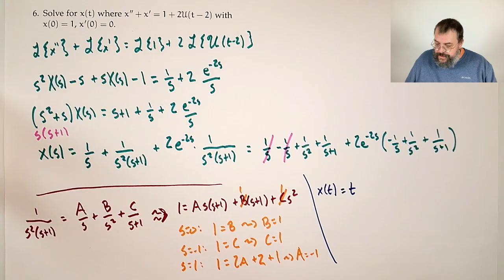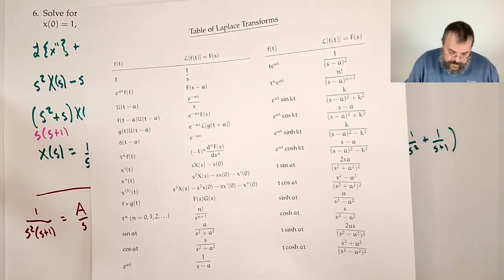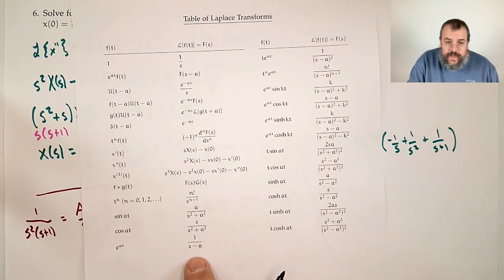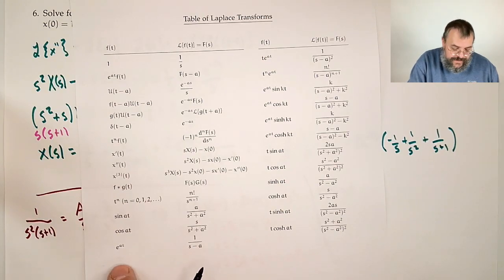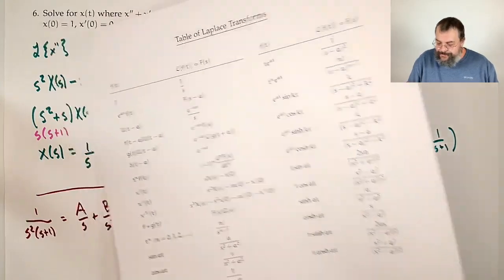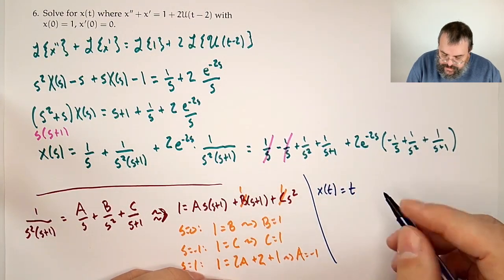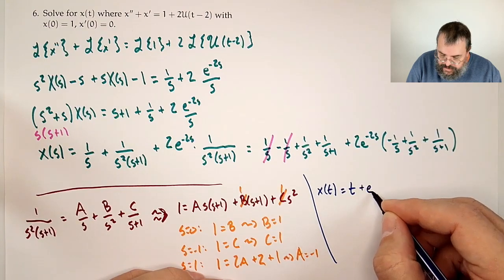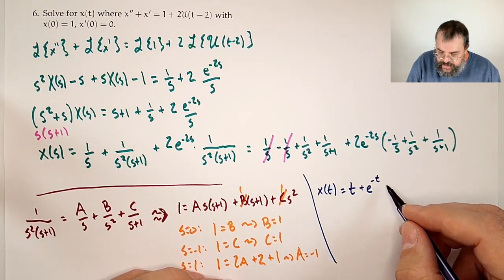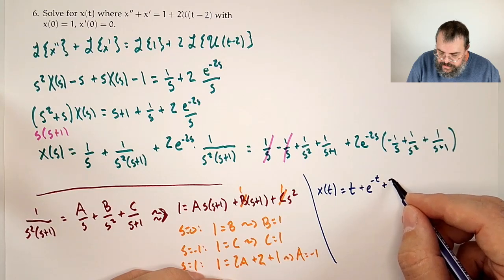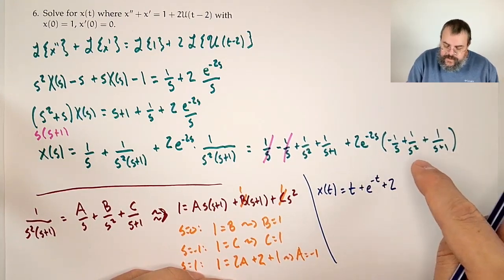S plus 1, well, s minus a, we can handle. So think of this as s minus minus 1. So that would be e to the minus t. Okay, so 1 over s squared became t. 1 over s plus 1 is e to the minus t. And then we have the 2. And then we have stuff here.